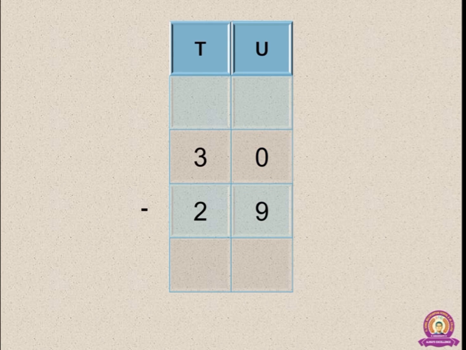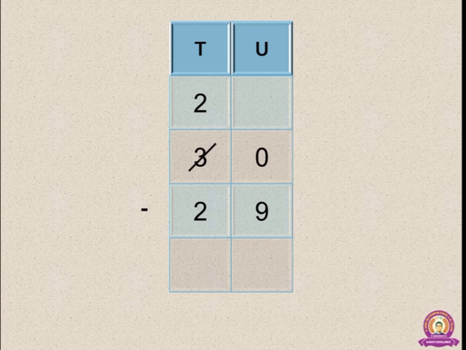As we learnt in the poem, if the number on the bottom floor is more, you have to go next door and borrow 10 more. Which number is next to the number 0? Yes, number 3. Let's borrow 1 ten from 3 tens. If we borrow 1 ten, there will be only 2 tens left.